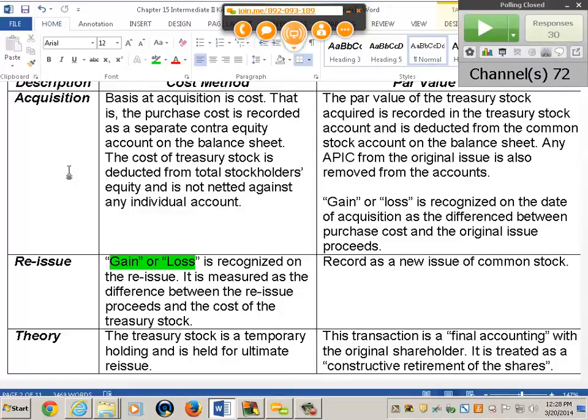The only difference is that it becomes a contra account, and that is a contra to common stock if it's the par value method. So the par value method uses a contra account to common stock, where the retirement method reduces the common stock account directly. That's the only difference between the two.